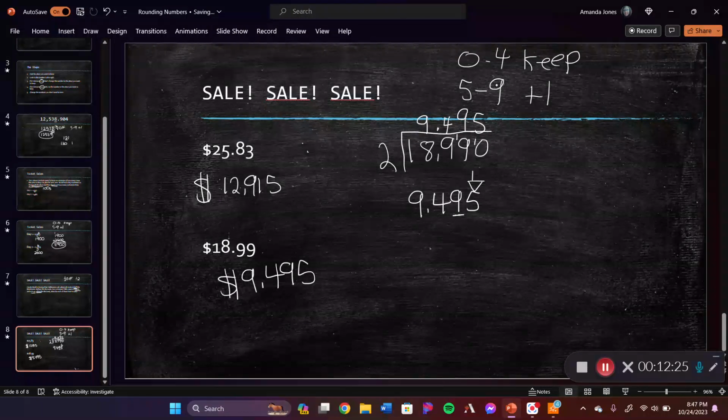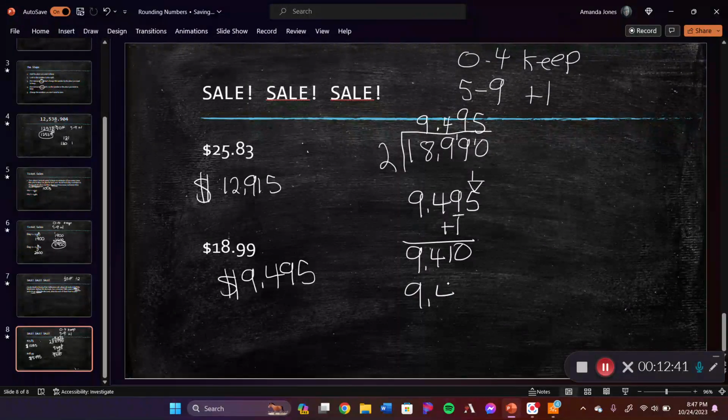Look to the right. 9 is in the +1 range. So we're going to add 1. So this is an example that you're going to see sometimes. So let's do this. 9 plus 1 is 10. Oh, whoops. We're at our same problem again. Should I put it like that? No, because that's less, right? And we're rounding up because we're adding 1.